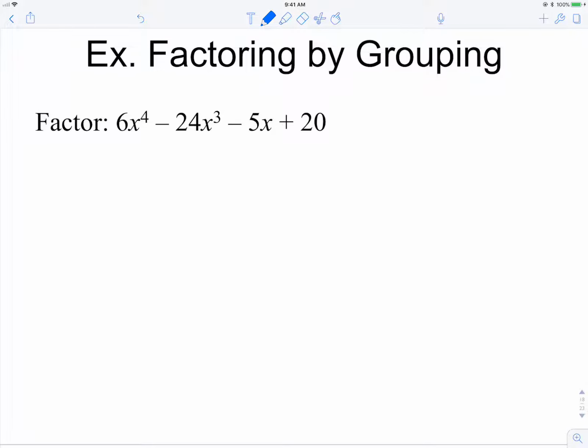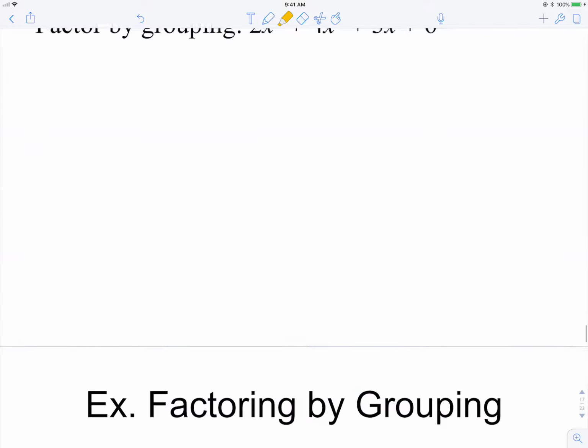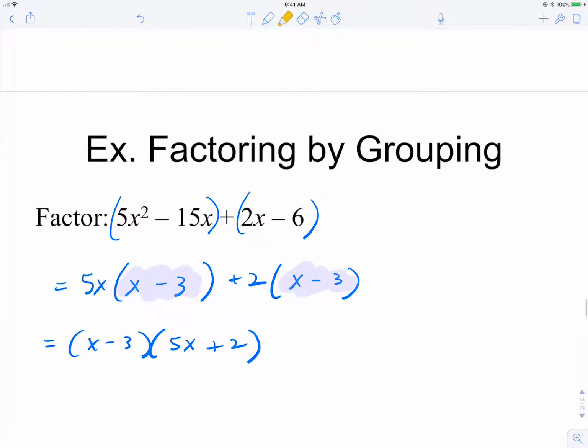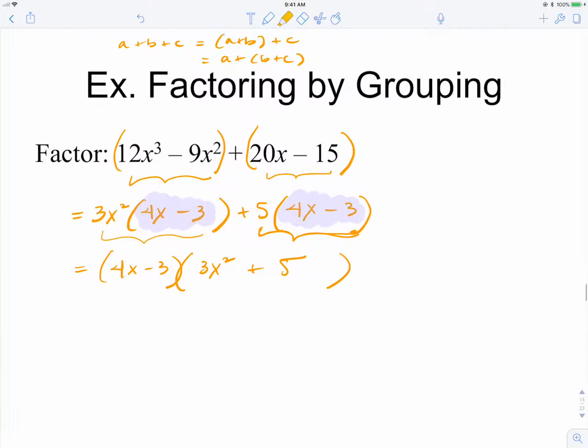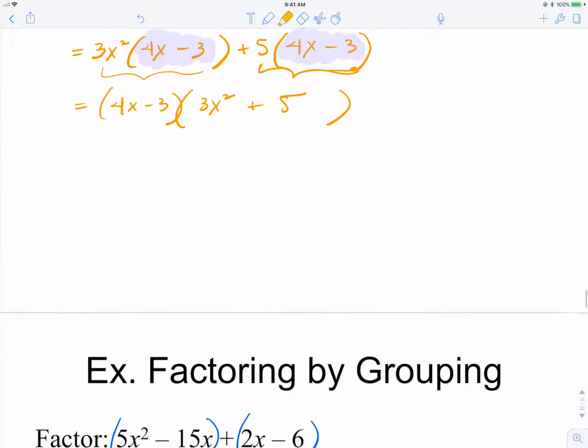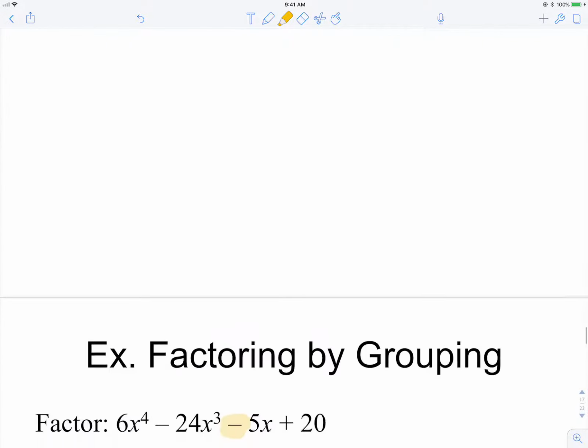Okay, so this is a little bit different. It doesn't look different, but it's a little bit different. Notice that we have a minus. Subtraction is happening between the 2 middle terms. So in the other examples, we've had addition happening between the 2 middle terms, so then we had addition happening between the groupings.